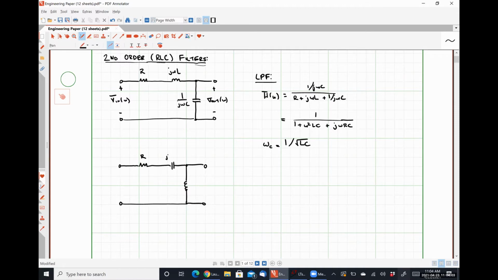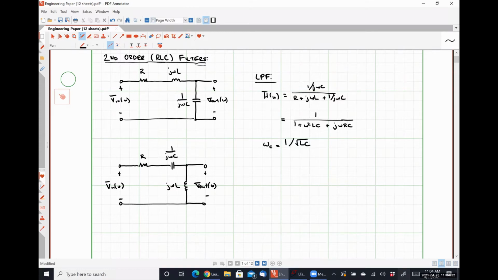Here's R, here's 1 over j omega C, here's j omega L, here's our input signal Vin of omega, here's our output Vout of omega.